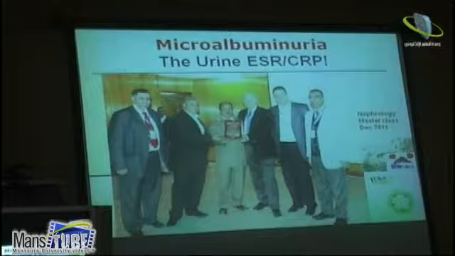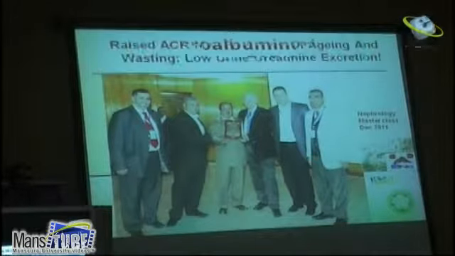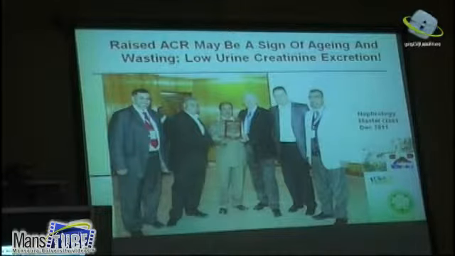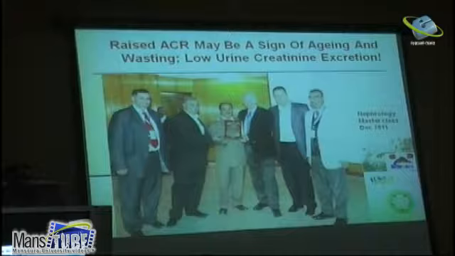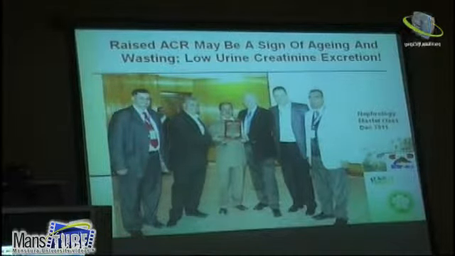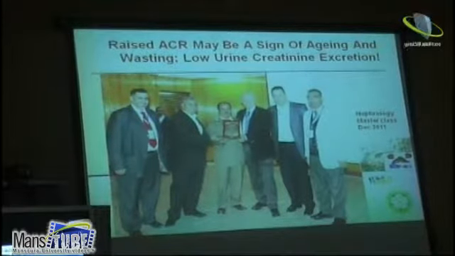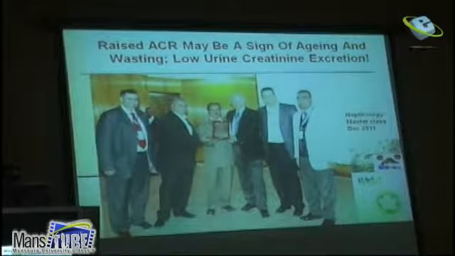And another point you mentioned in the master class: whenever we say that the albumin creatinine ratio is high, we should look at the patient, because this raised ratio may just reflect the aging process or wasting of the muscles. It is low creatinine rather than high albuminuria. So whenever we interpret albuminuria, we should keep in mind all these variations. Okay?